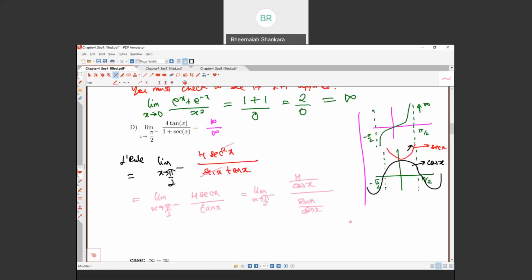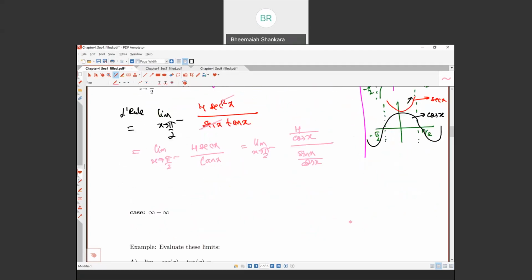So now you can cancel these cosines, and all you have is 4 divided by sine. Evaluate the limit, sine at pi over 2 is 1, so 4 divided by 1 is 4.